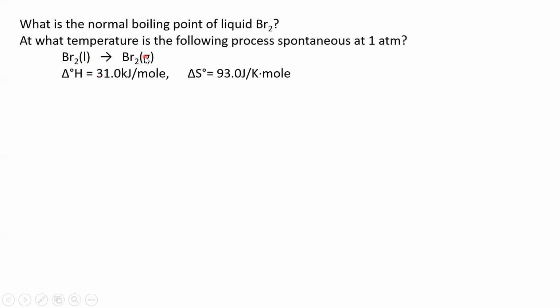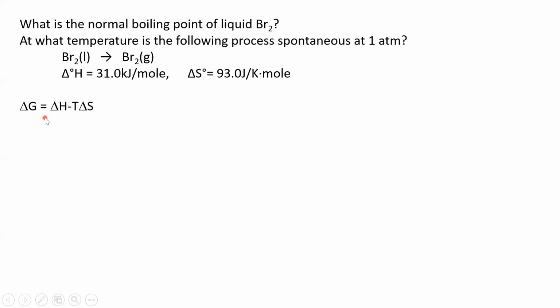We're going from a liquid to a gas, so we have to add energy in order to break those intermolecular forces. So having a positive delta H makes sense. We're increasing the entropy, so having a delta S value that's positive makes sense. Now, a positive entropy favors spontaneity, but a positive enthalpy does not.